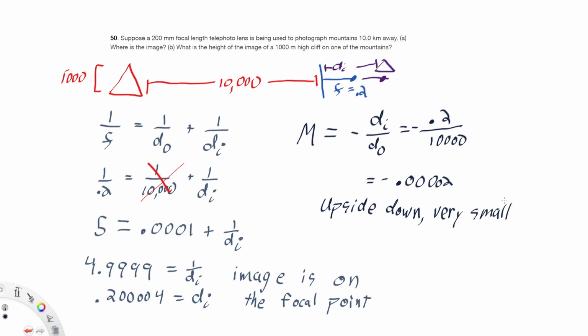Which it has to be, because the CCD on your camera is really small. You need to get that whole field of view shrunk down so that it can project the image onto what's basically the retina of your camera. So if the magnification is 0.00002, that means that a 1,000 meter high cliff, right?